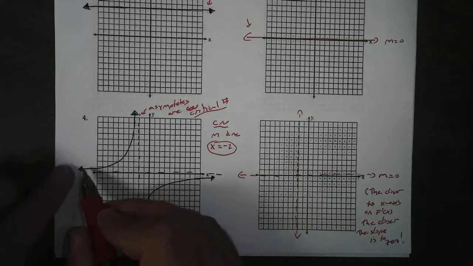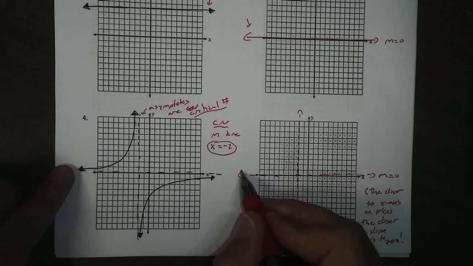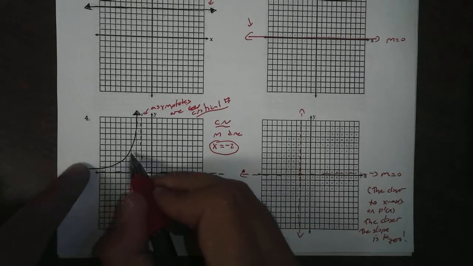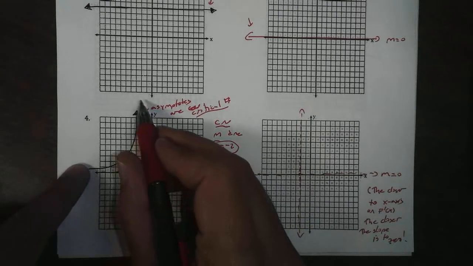So what that means is, way over here on the right, my graph is close to 0. So I'm going to start here. Now, as I move to the right, it goes way up to infinity.